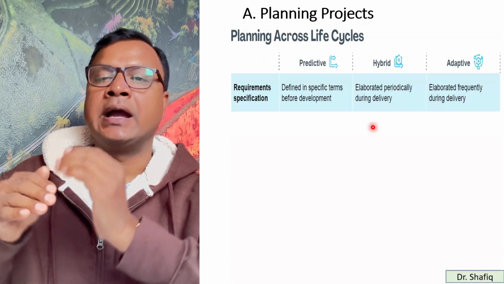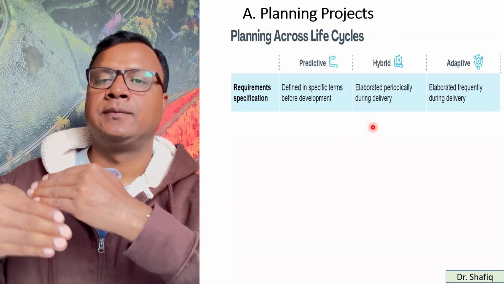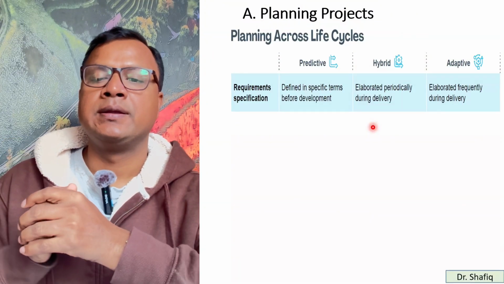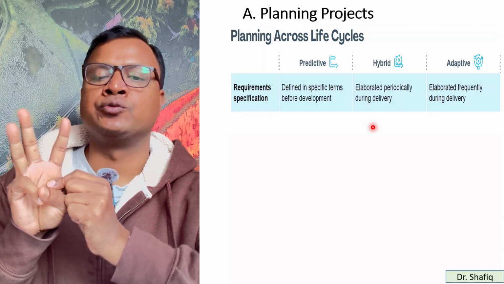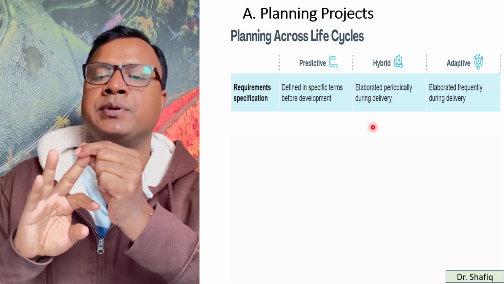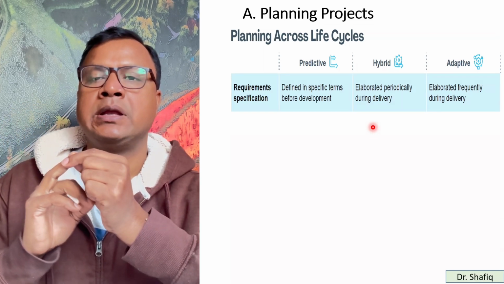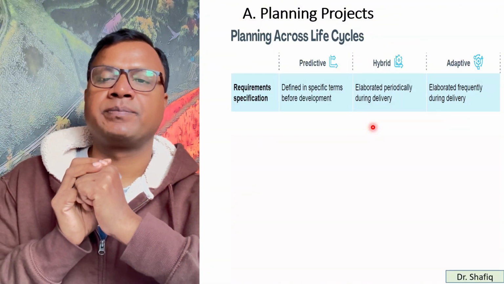Now we'll be focusing on how the life cycle is different. We have three types of development approach. One is predictive, another is hybrid, another is adaptive. So what are the differences?